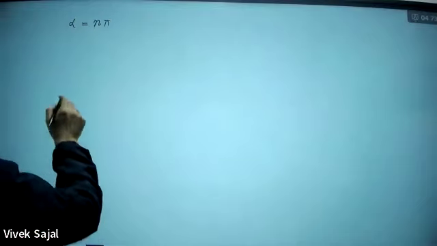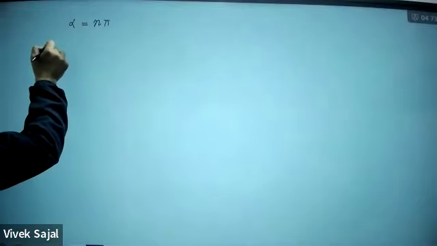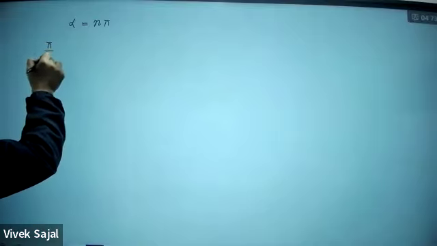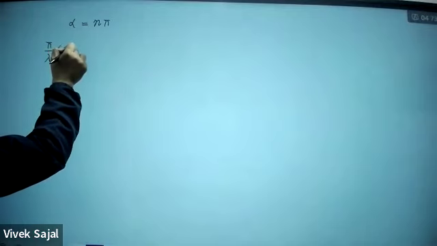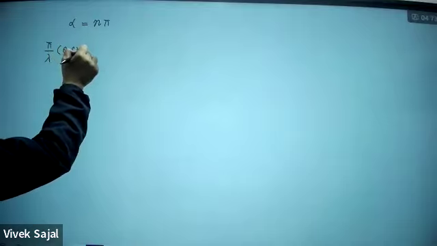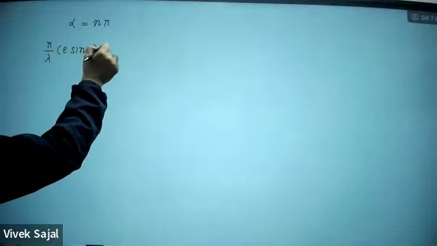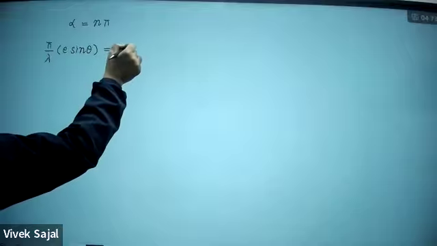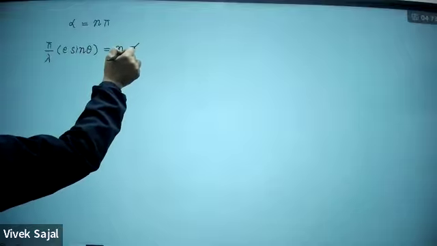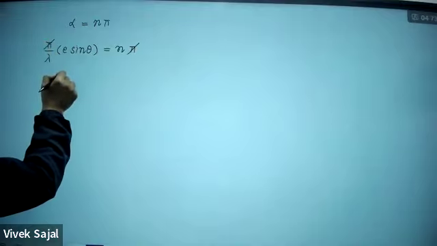Substitute the value of alpha. Alpha is pi by lambda, and this will be E sine theta. And this will be equal to n pi. So this pi is going to cancel out.